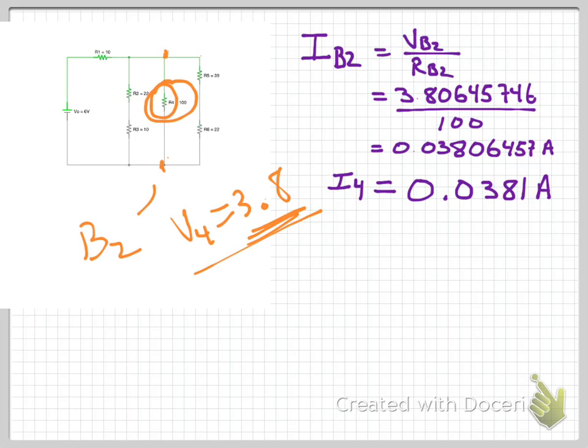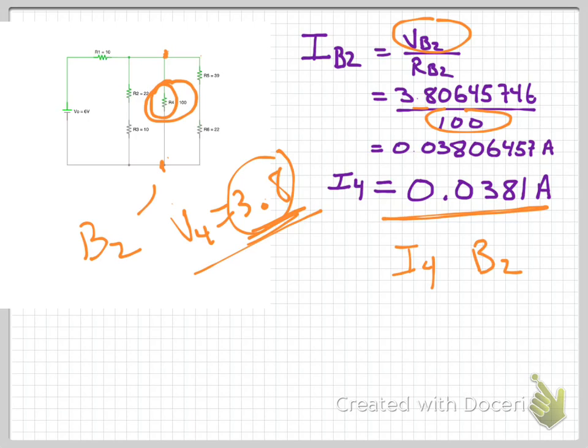We can, though, use that information of 3.8 plus the resistance of that branch to figure out the actual current running through there. So in that case, we're going to use the voltage of V2, which is that 3.8 plus all its decimals. We can divide it by the resistance, which is the 100, and then that's going to give us our current that runs down I4, which is really branch 2.